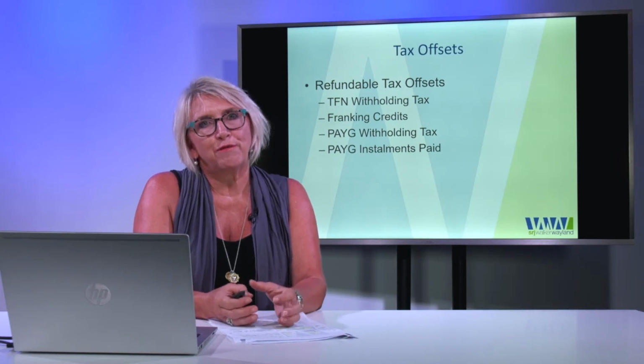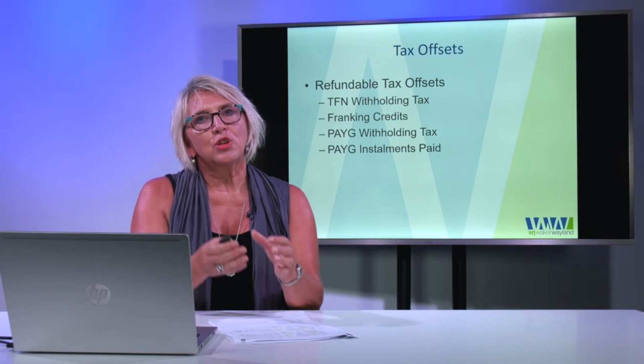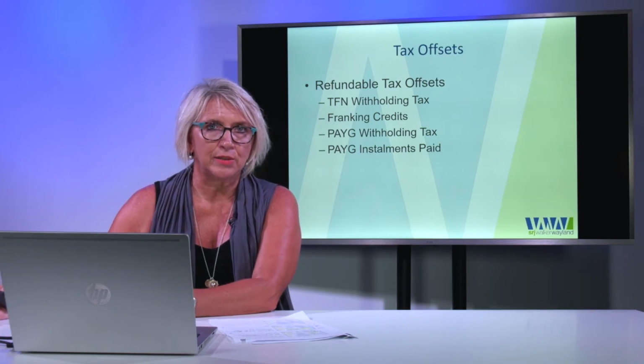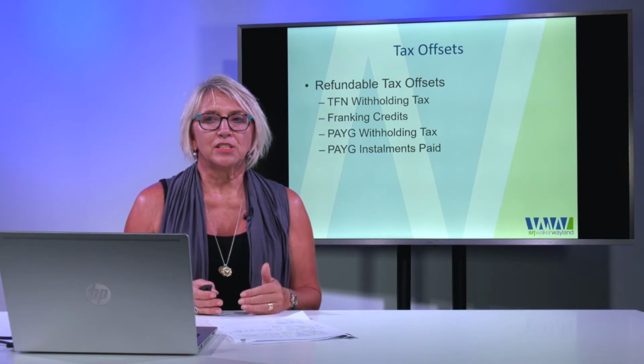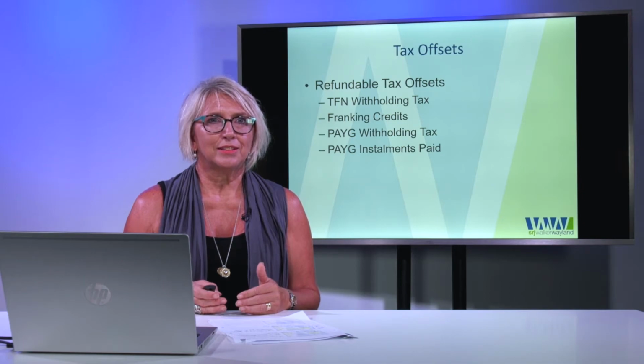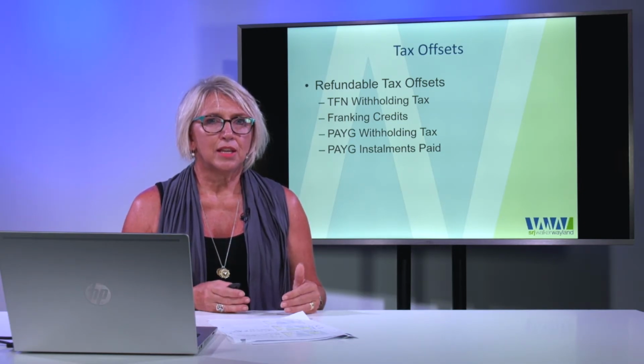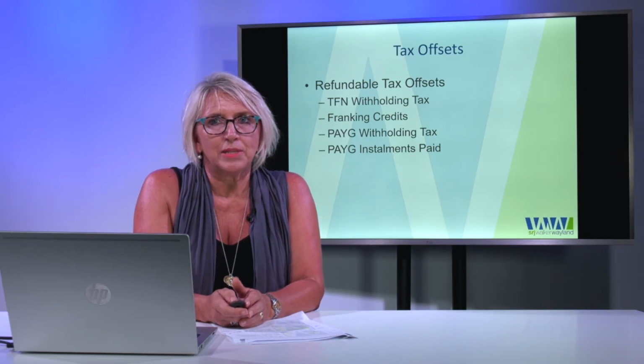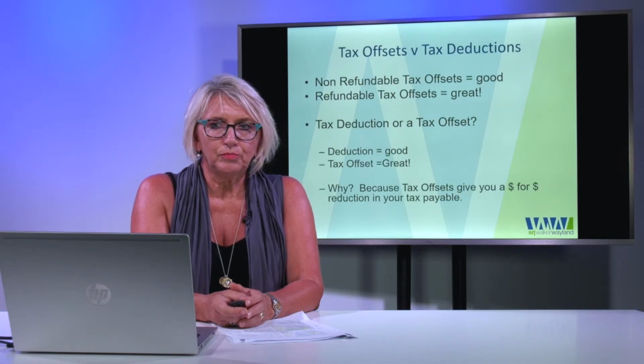And then we have the refundable tax offsets. These are the ones that result in you receiving a tax refund. Refundable tax offsets are things like tax file number withholding tax, franking credits, pay-as-you-go withholding tax, and any pay-as-you-go instalments tax that you have paid.